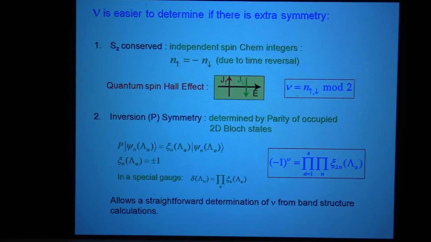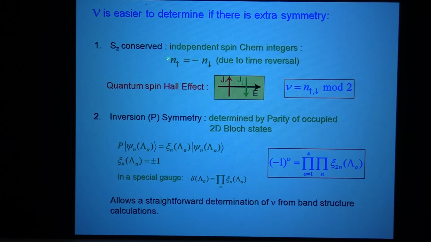What is easier to do is to figure out the Z2 invariant when you have some extra symmetry. For instance, if you have the conservation of Sz, like I did in the model, which was just two copies of the Haldane model, the Hamiltonian only involved Sz, so Sz commuted with the Hamiltonian, which means I really could think of it as two independent quantum Hall states for the up and down spin.